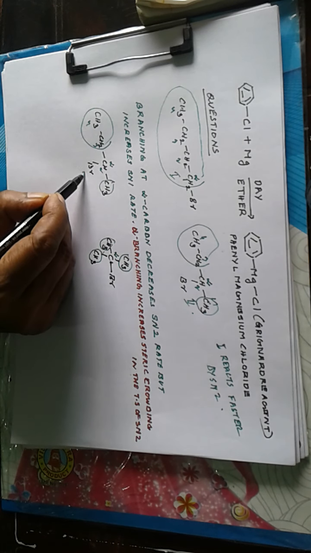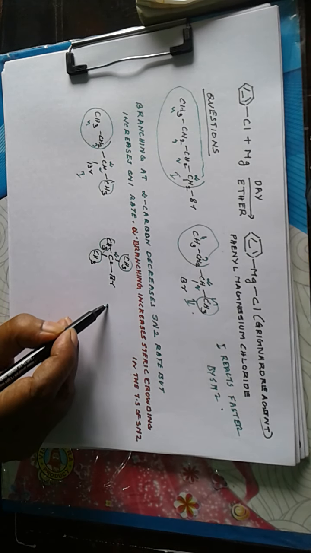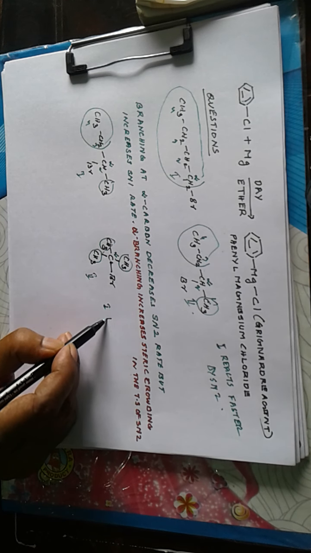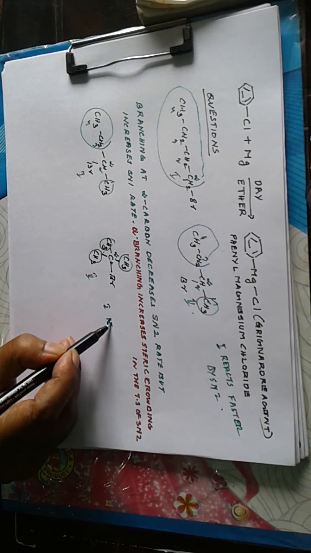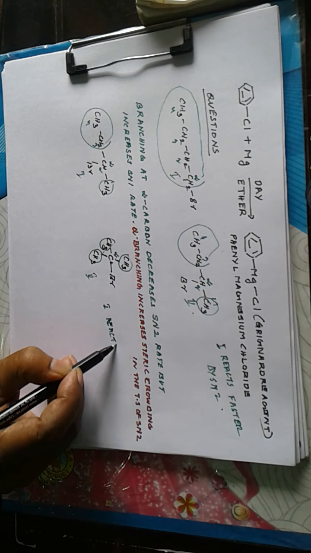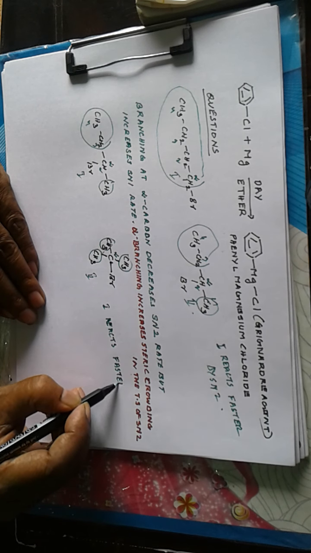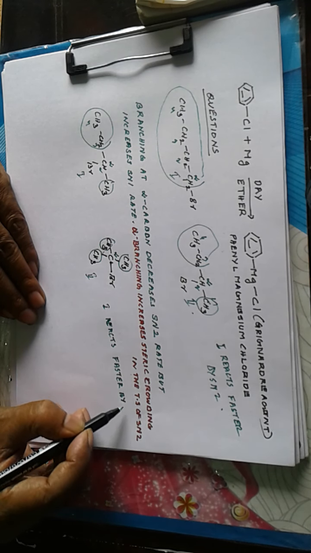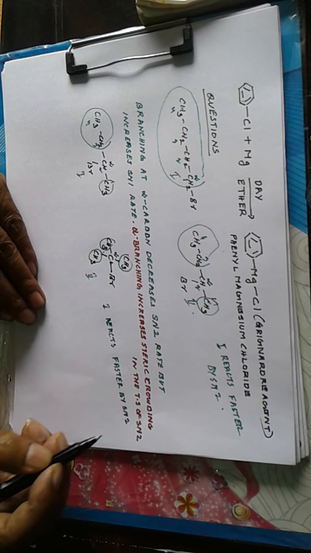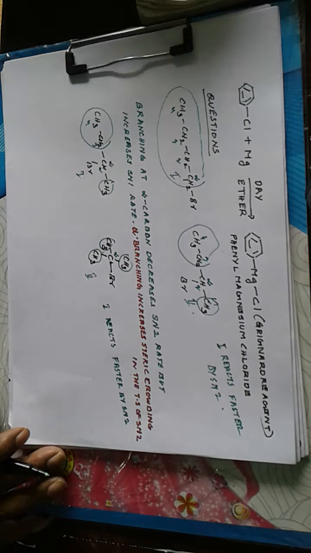So compound 1 reacts faster by SN2, because in 2 there is higher alpha branching, and this causes greater steric crowding, steric repulsion in the SN2 transition state. Now then two more compounds are given.